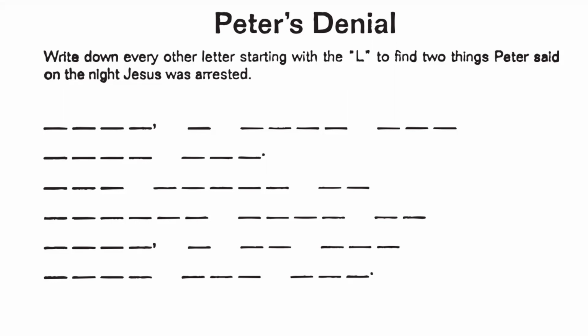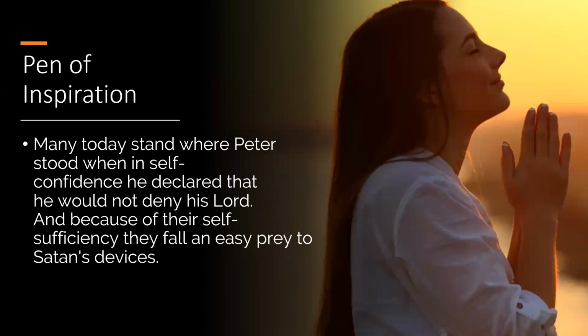Just like this passage is saying, Peter was self-confident, and so he was cocky. People who are very cocky think, oh, I'm good, I'm okay. But when you're cocky and not humble, what happens? You end up falling, right? So Peter fell because he trusted in himself. He didn't trust in God. And so he denied Jesus.